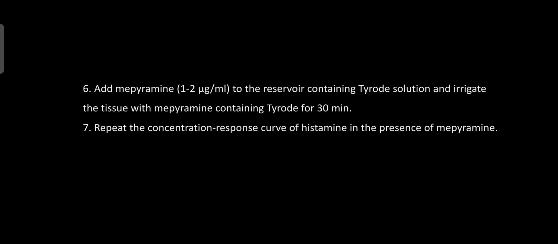It can block the activation of the H1 receptor by binding to the H1 receptor. So after that, if you add histamine, due to the presence of antagonist, the histamine does not show that much response as when you are using histamine alone.